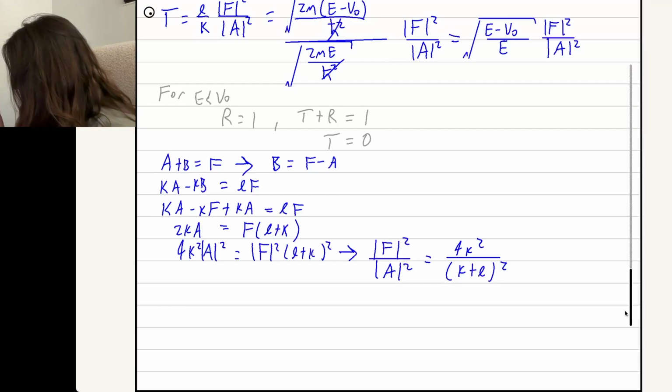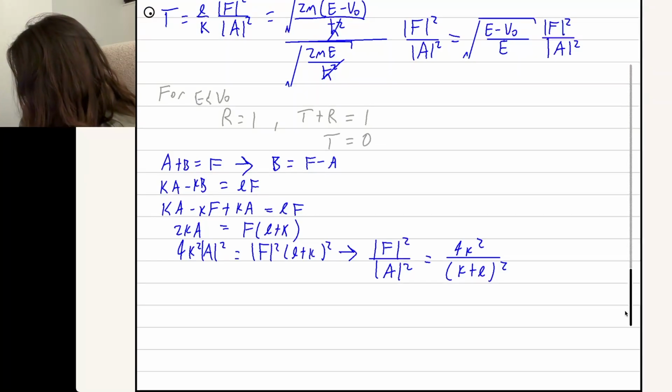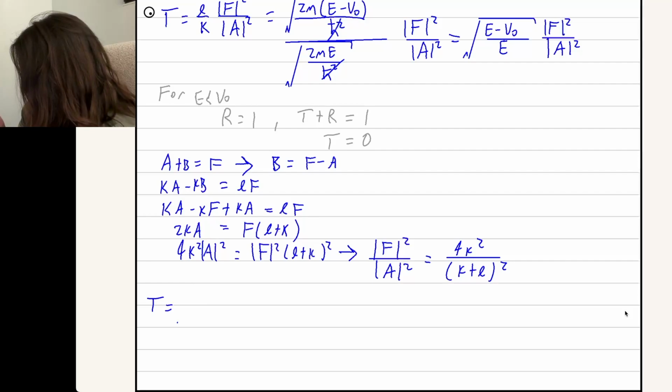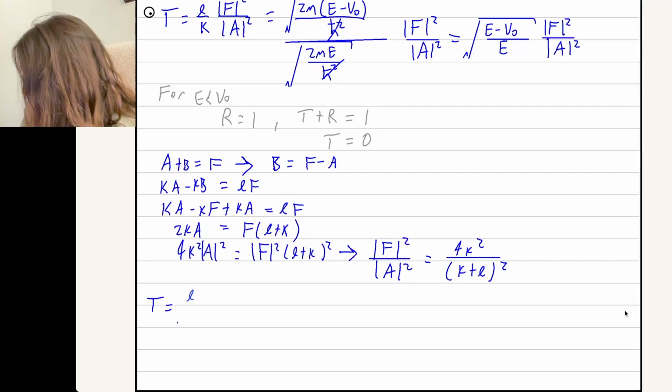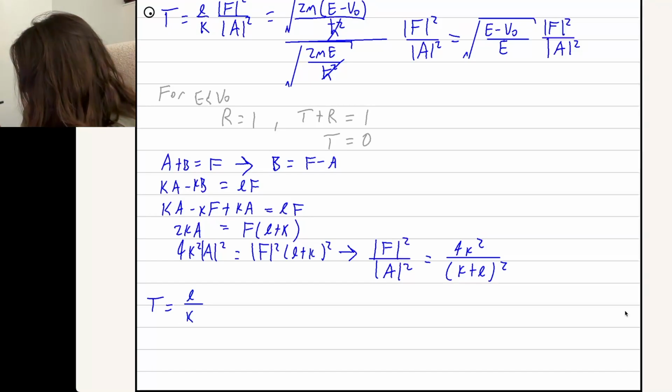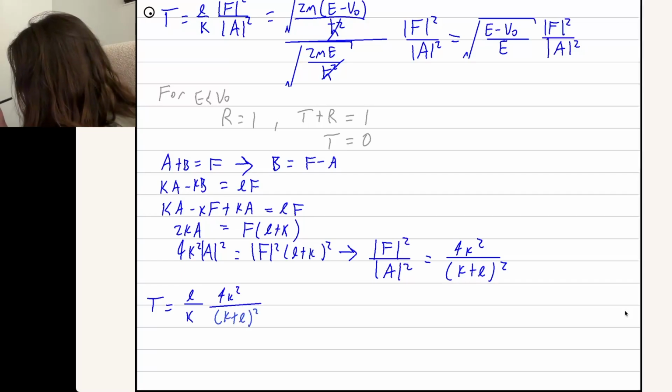So now let's plug this into our form for the transmission coefficient. It's probably worth putting it back into the form which we derived first of all. So L over K, and now this is 4K squared over K plus L squared.